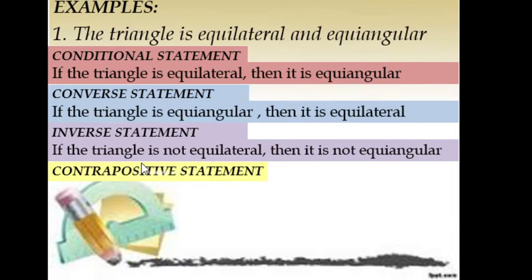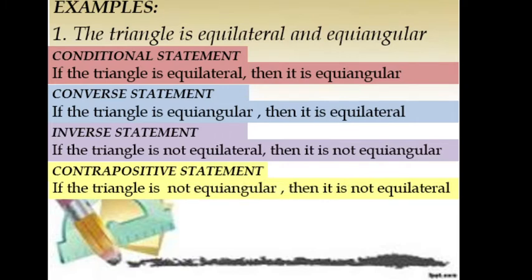Next is the contrapositive statement. So, dito sa contrapositive statement, pwede natin gawin, baliktarin natin ang hypothesis and conclusion ng inverse, or pwede rin naman na kuhanin natin yung converse statement, then lalagyan lang natin siya ng words na not or does not have.